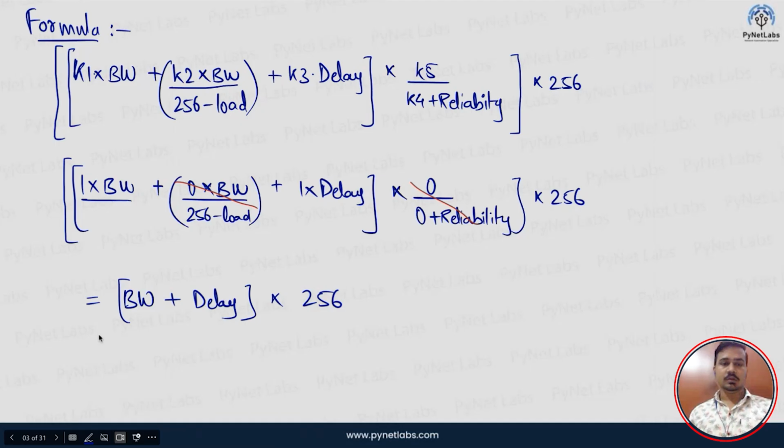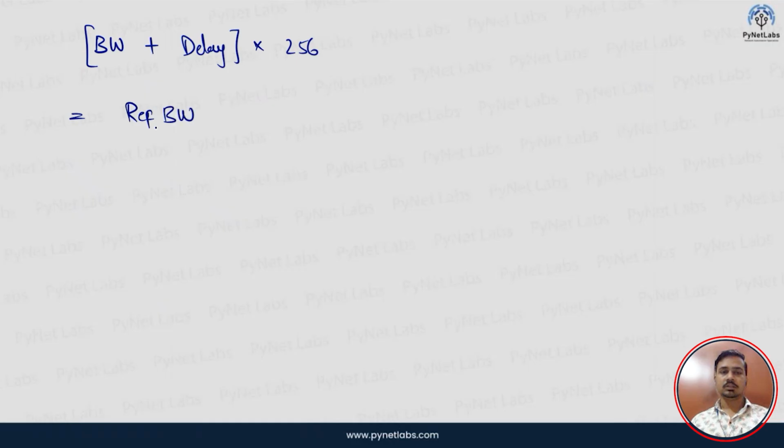256. Okay, so when we are talking about bandwidth plus delay, and you multiply this whole thing with 256, bandwidth is represented as the reference bandwidth, the maximum bandwidth that is being supported by EIGRP, divided by the actual bandwidth.